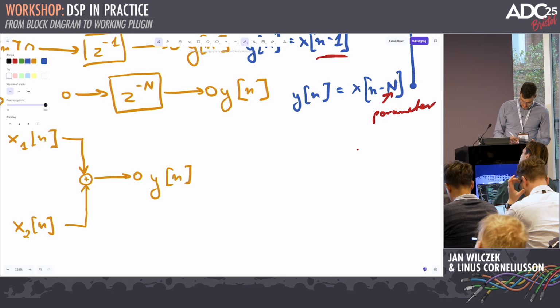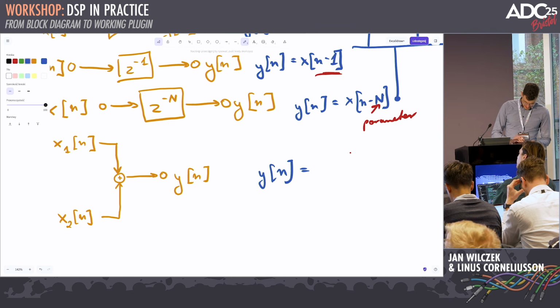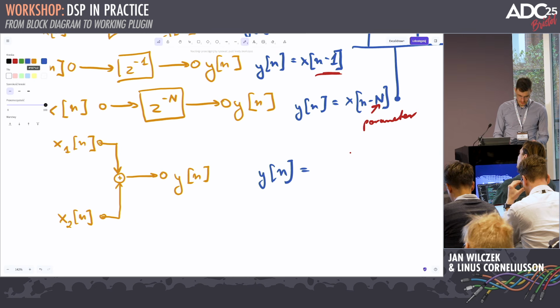Let's do one more round. We have y of n, assign, and here we have a plus sign. We have two input signals. Now, what will be the equation for the output, the difference equation?